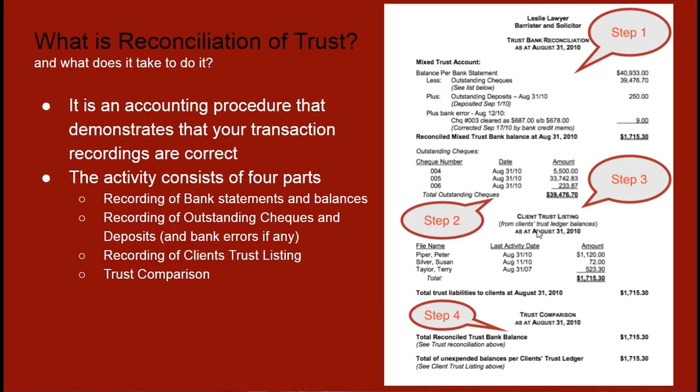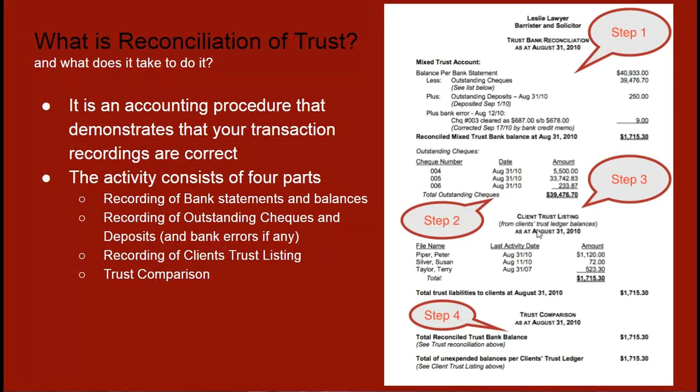So as of the 29th of September, what was the balance against that individual client? Okay, so if Peter Piper had given you $2,000, as of September 29th, $1,120 was the balance. So of course, we assume that the remaining $880 was either moved to general or has already been used. So that's the balance as of that particular date.